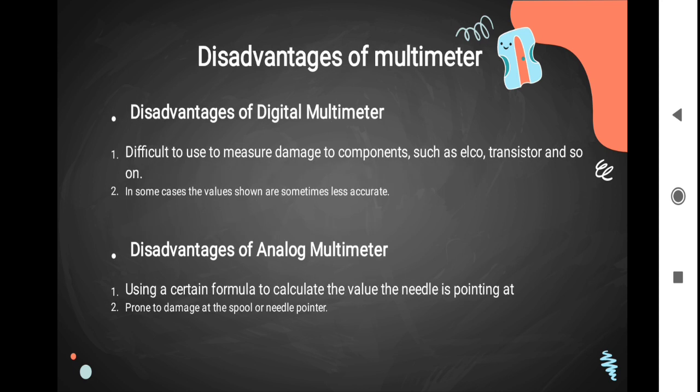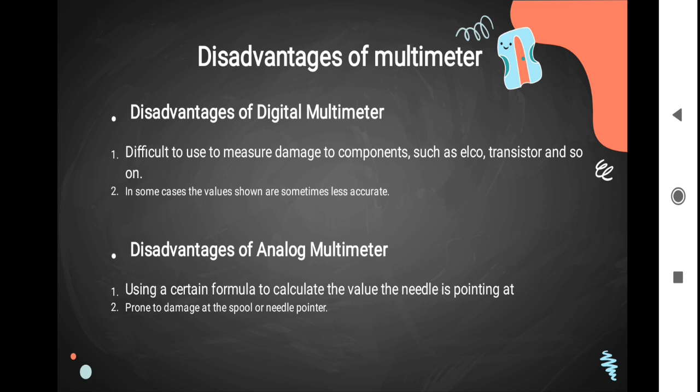Disadvantages of multimeter. Disadvantages of digital multimeter. 1. Difficult to use to measure certain components, such as capacitors, transistors, and so on. 2. In some cases, the measurement results are sometimes less accurate.